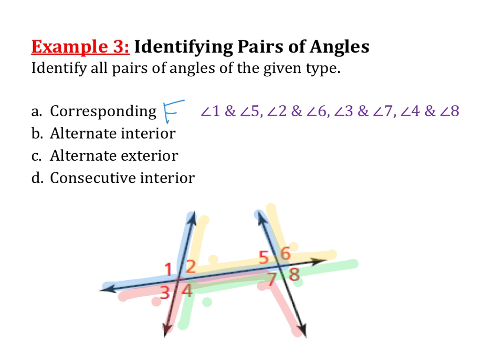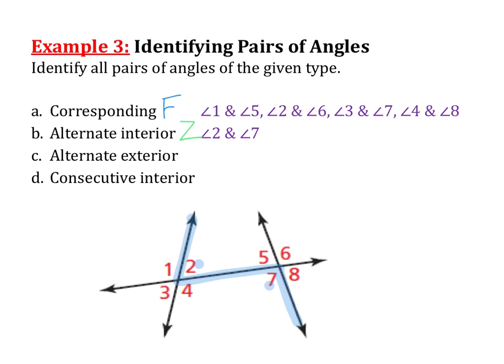All right, now let's take a look at alternate interior angles. Alternate interior angles form a Z. So let's find our Z angles. We can start with 2 and 7. They're alternate interior angles. And then we can flip our Z and identify 4 and 5.